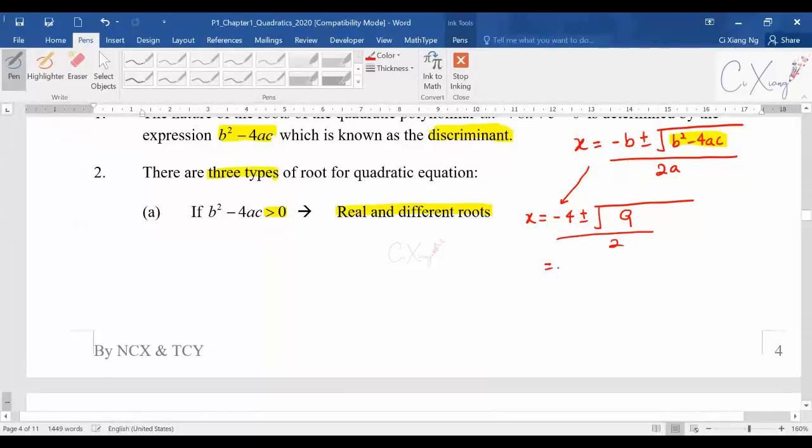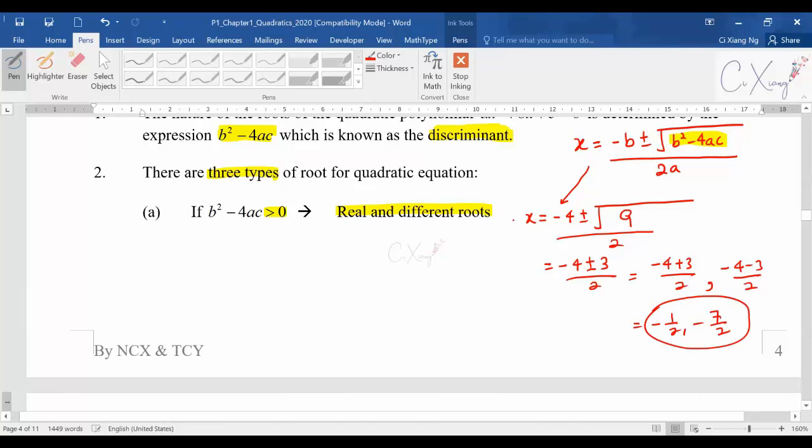So if you look at here, what do you have? -4 plus minus 3 divided by 2. You can separate your next step into -4 plus 3 divided by 2, and also -4 minus 3 divided by 2. And therefore you have -1 over 2 and -7 over 2. So these two are the roots of the quadratic expression.